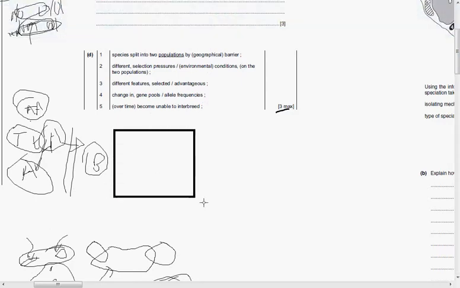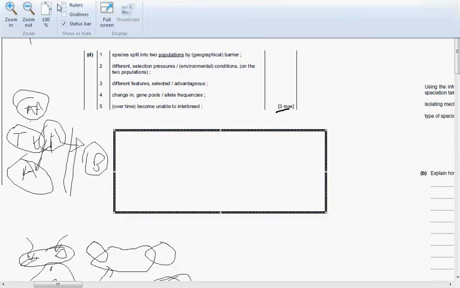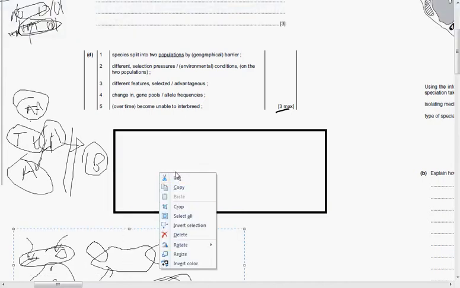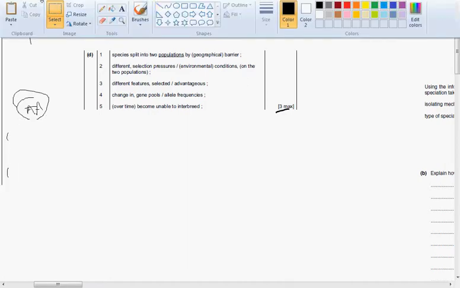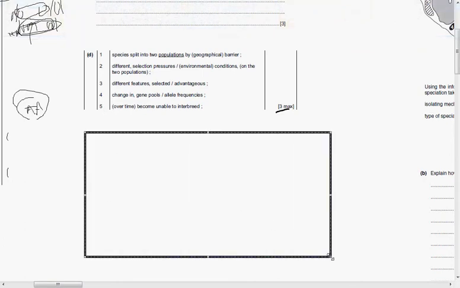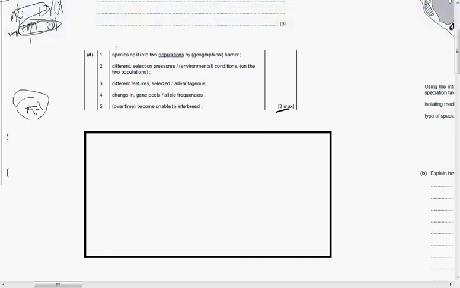Sorry, let me delete this first. This one was not clear enough. Now I think I'll be doing it correctly over here. Let me just take the pen. Now, a species splits into two populations by a geographical barrier.